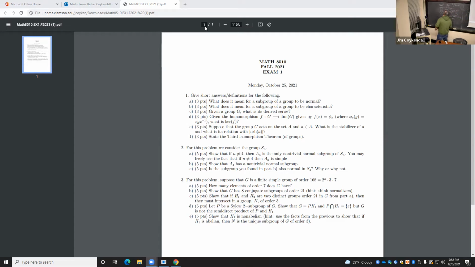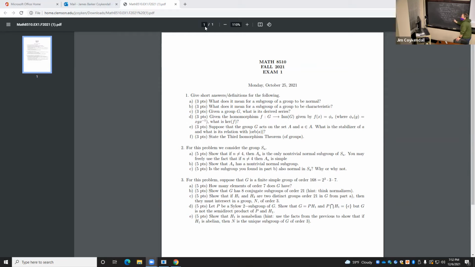As a set, that's going to be 147. Now, the order of the group is 168.